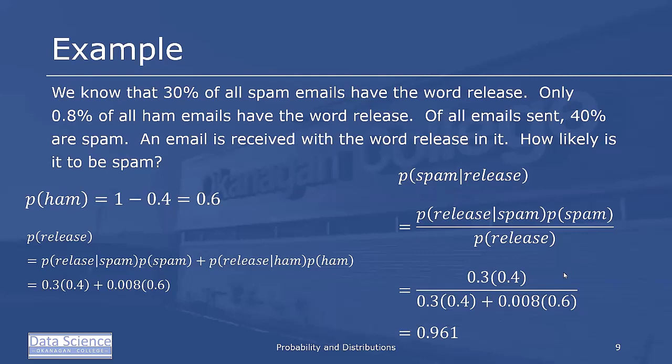We've calculated the probability of release already. The probability of release given spam times the probability of spam is 0.3 times 0.4, which means that a randomly selected email that has the word release in it has about a 96.1% chance of being spam.